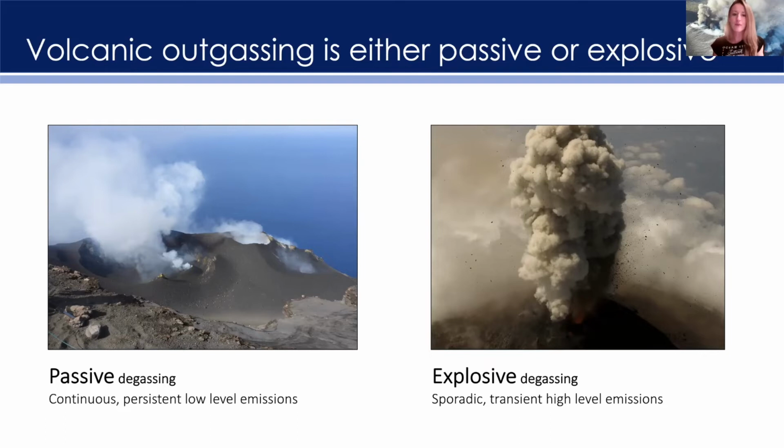It's not explosive, but it's always releasing gases like a chimney. Whereas explosive degassing happens much more sporadically, but very transiently. So you may have very acute, high impact effects, but generally they don't last beyond a relatively short period of time after the eruption. Next slide, please.